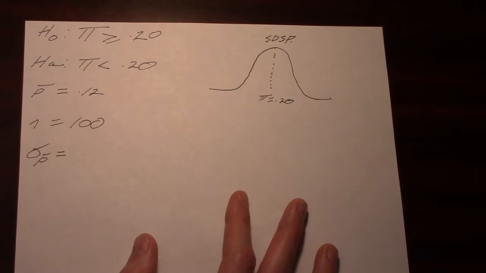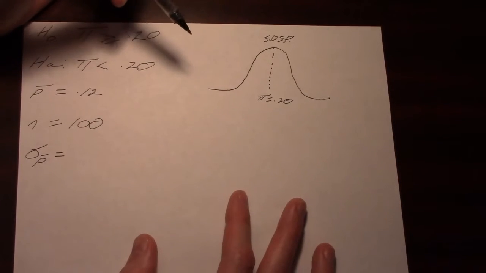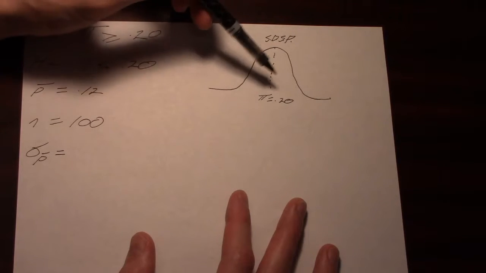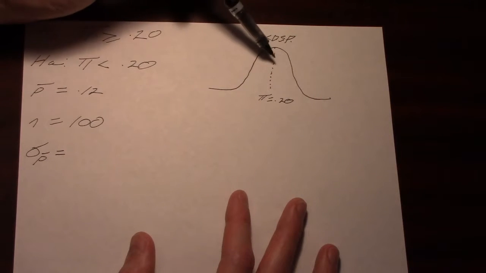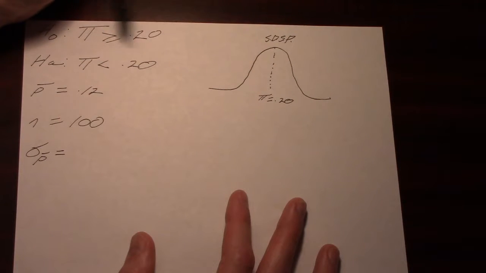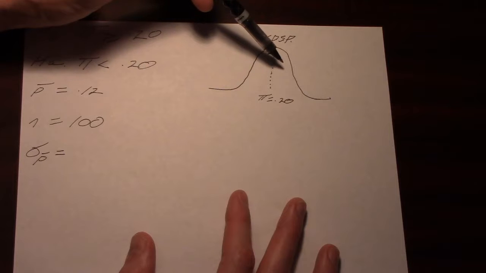And we're going to think about how we would assess information to the contrary. So the null hypothesis is that the proportion is greater than or equal to 20%. So if we went out and found a sample greater than 20%, we're like, all right, fine. You said greater than 20%. It's greater than 20% based on our sample.